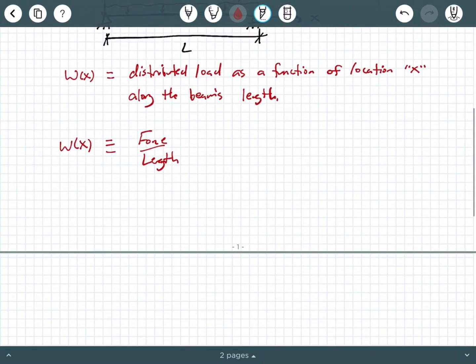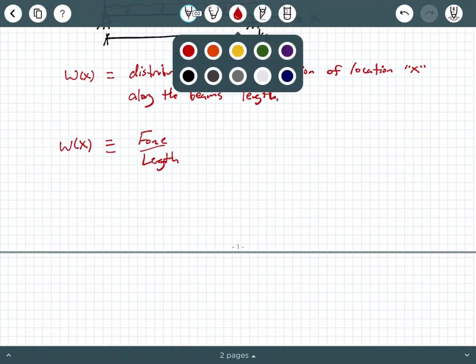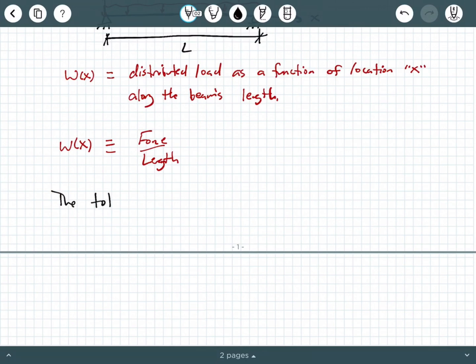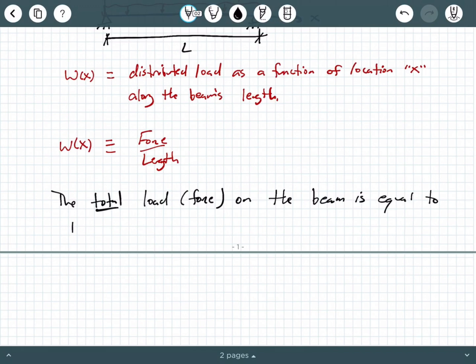So let's write this down together. Let's say that the total load, which is a force, on the beam is equal to the sum of all of the forces on the beam.